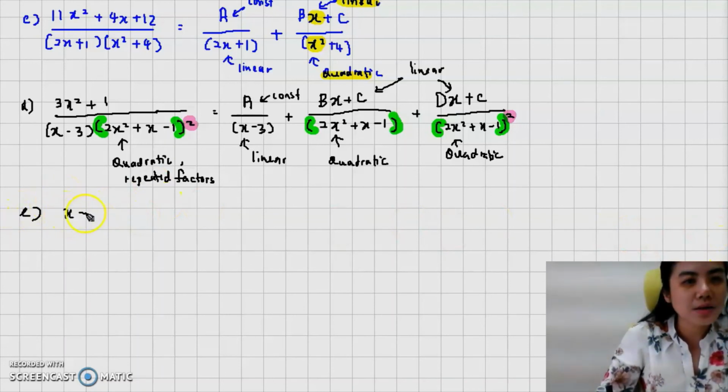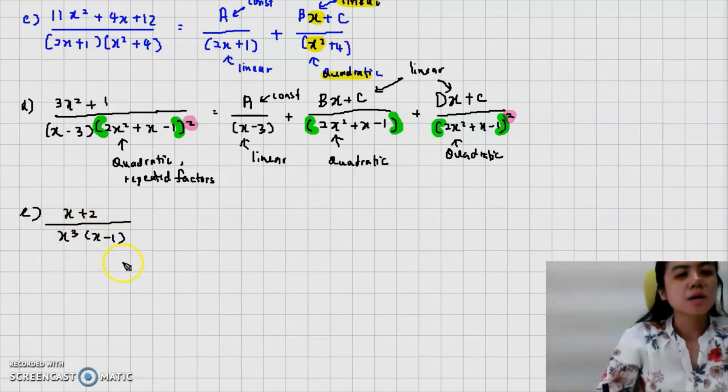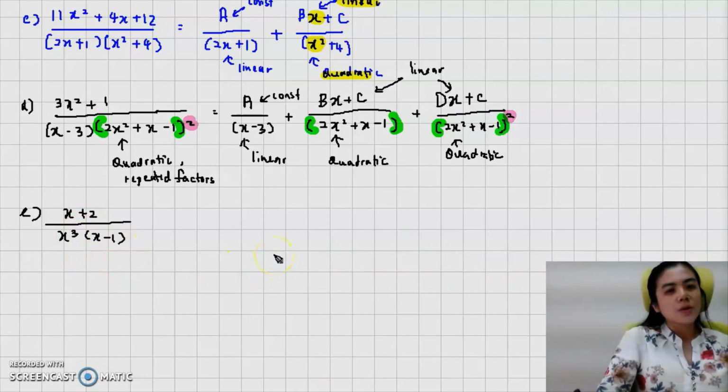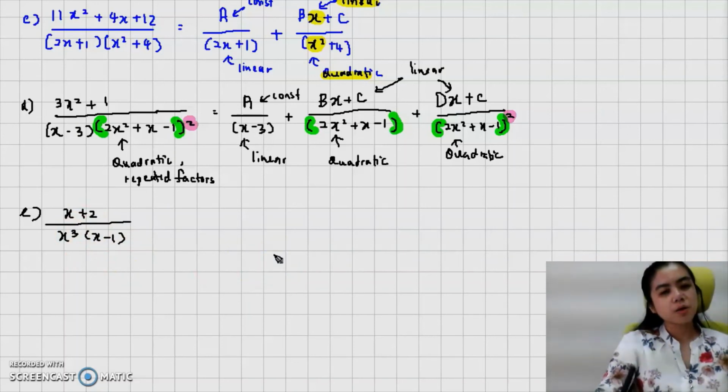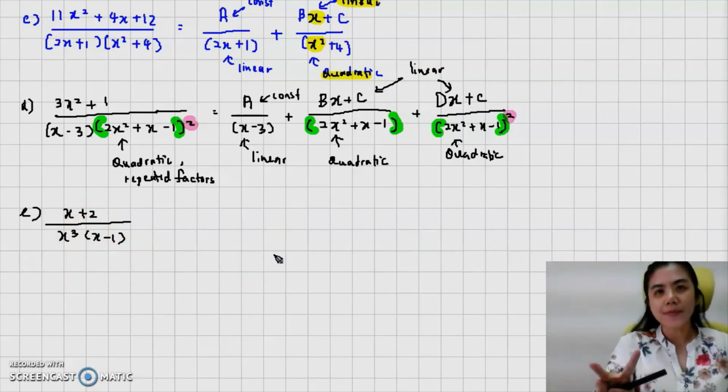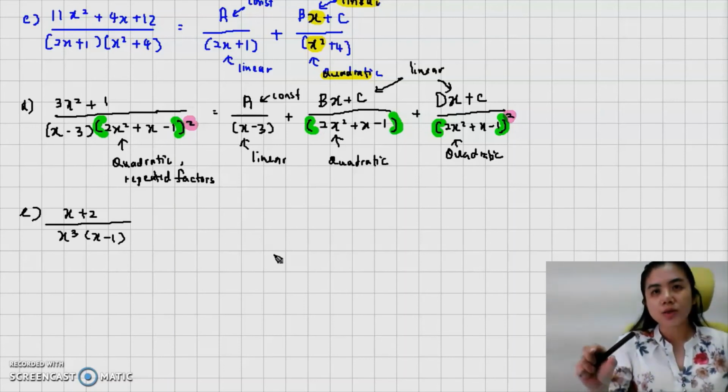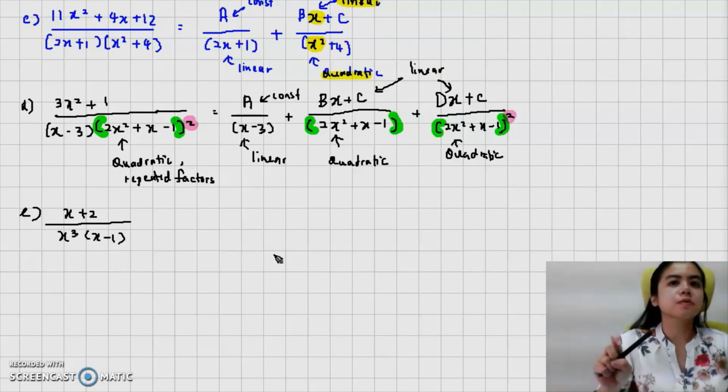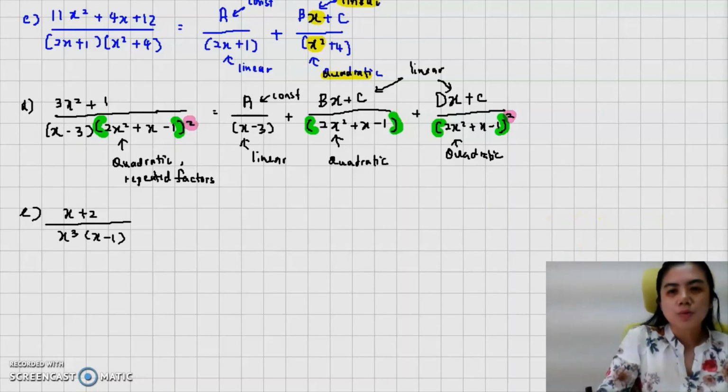So we have x over x squared, x cubed, x minus 1. Alright, for this case, you will have two different ways to decompose this rational function. Okay, let us see how to decompose.